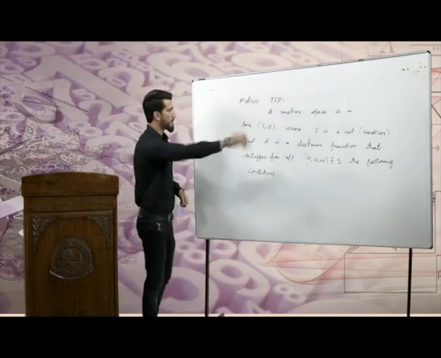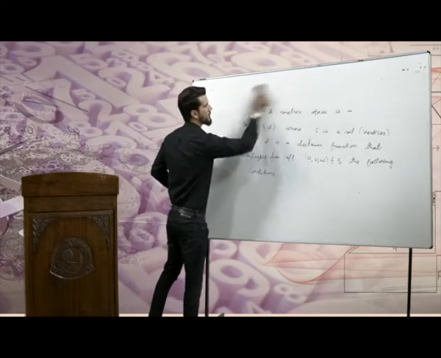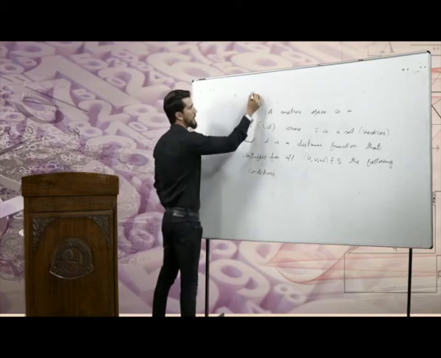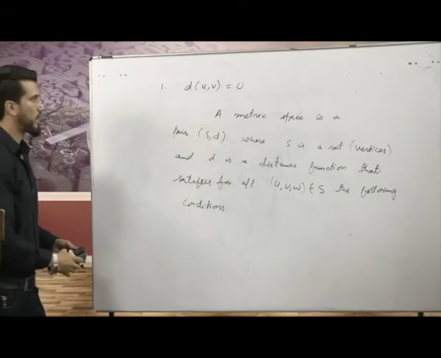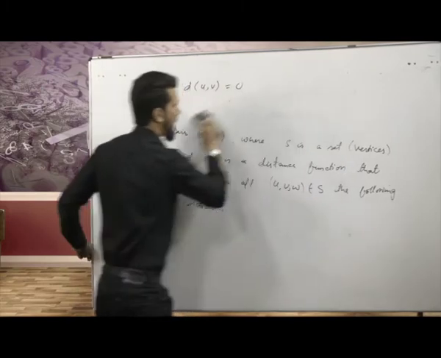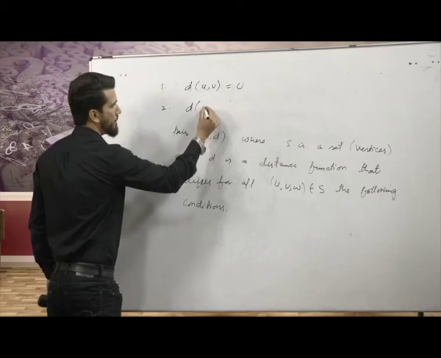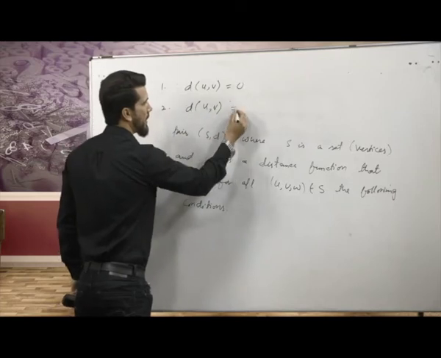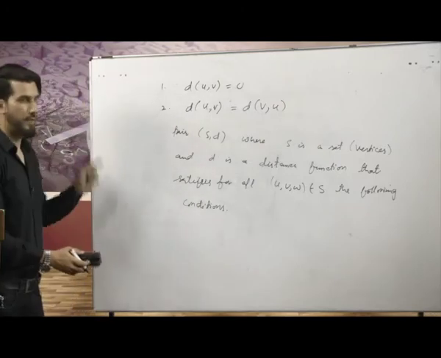What are the conditions? Condition number 1: D of (u, v) is equal to 0 when u equals v. Condition number 2: the distance between u and v should be equal to the distance between v and u, it should be the same.